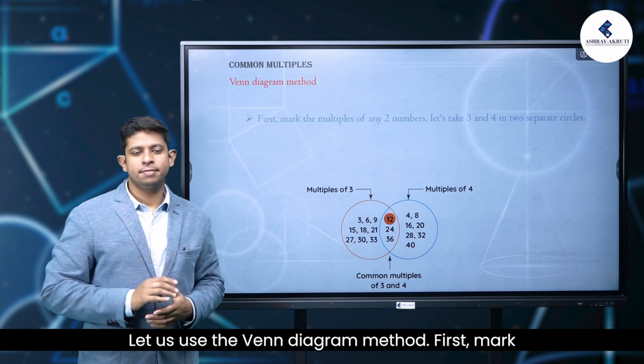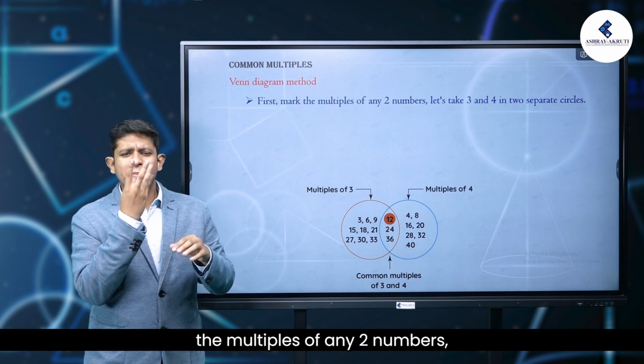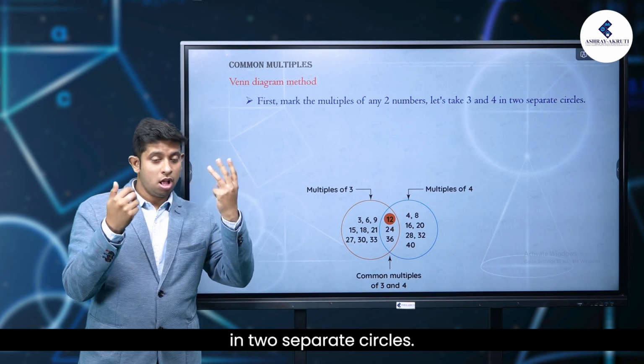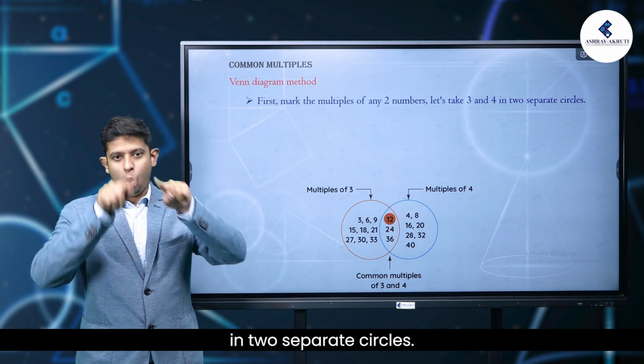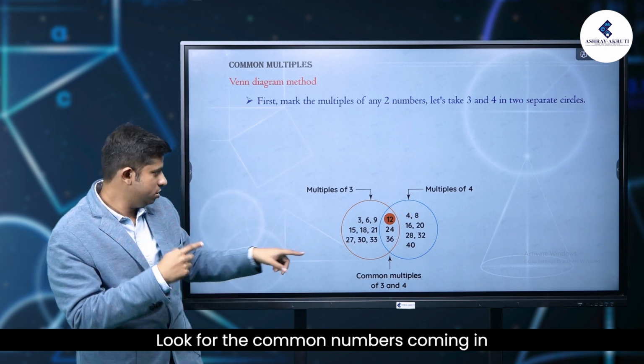Venn diagram method. Let us use the Venn diagram method. First, mark the multiples of any two numbers. Let's take 3 and 4 in two separate circles. Look for the common numbers coming in both circles.